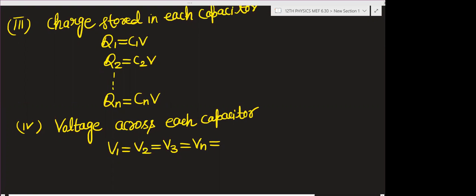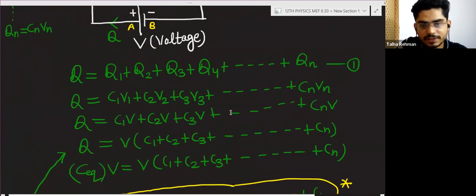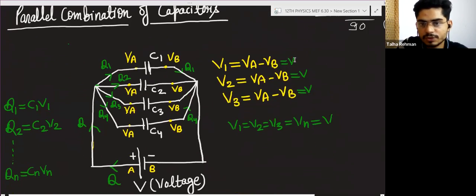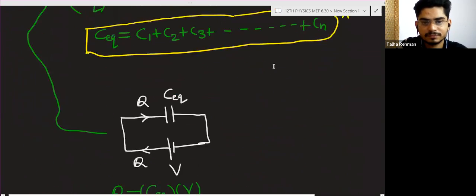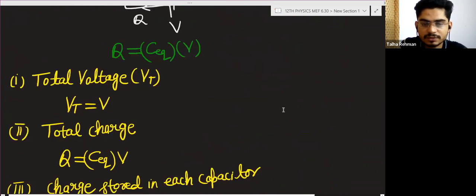The voltage across each capacitor is the same, V1, V2, V3 is equal to V. This is the parallel combination I have told you. V1 is the voltage across capacitor C1, and this is equal to V. VA minus VB is equal to V. V2 is V, V3 is V, V4 is V. Have you got my point now? Yes, sir.